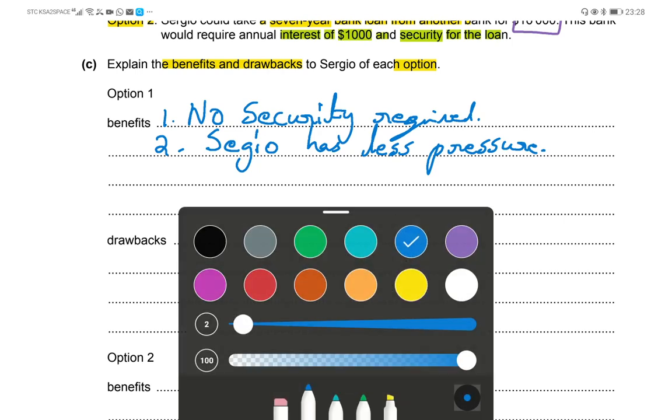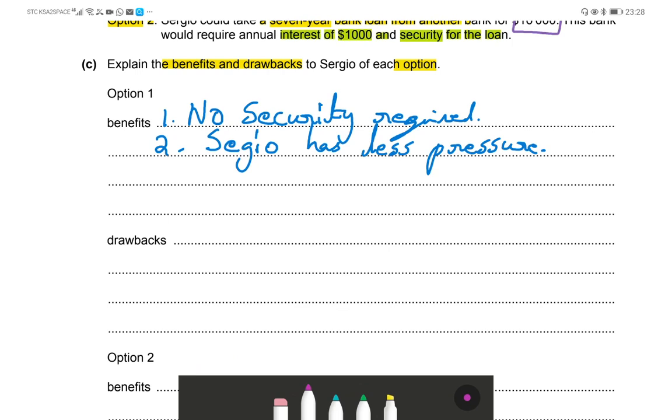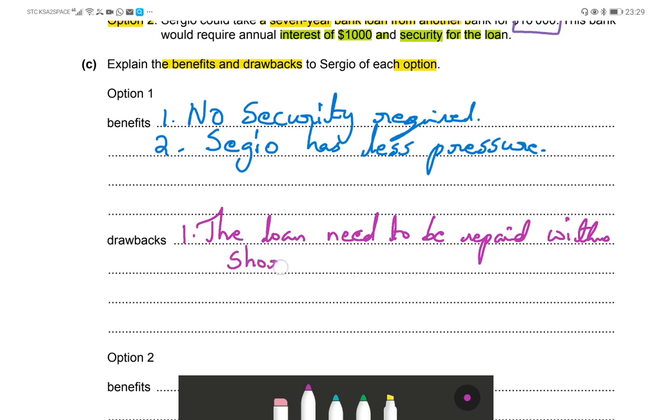So the drawback is the loan needs to be repaid within a short period of time.